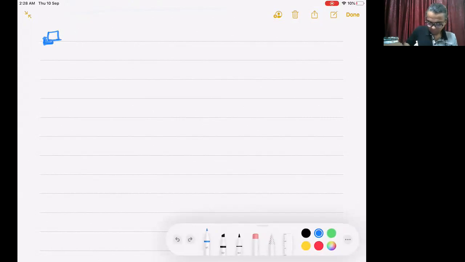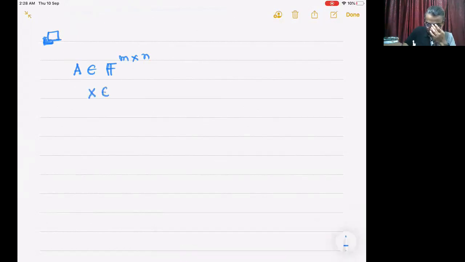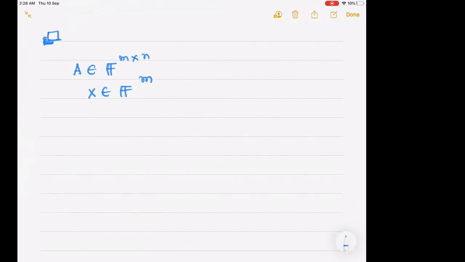So as we have seen before, A is a matrix of size m cross n. I can take a vector x in Fn, and because my internet connection is not so good, let me switch off my video. So x is some vector in Fn, so it's an n tuple.